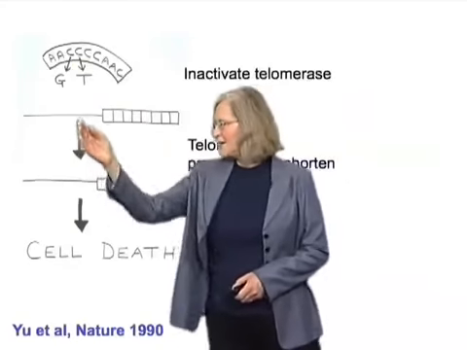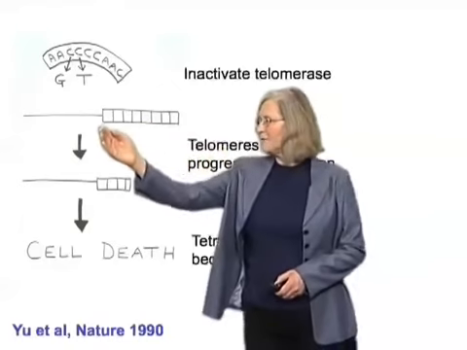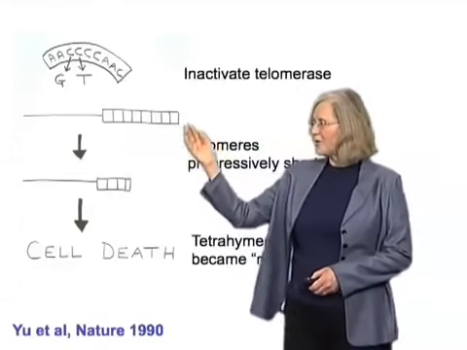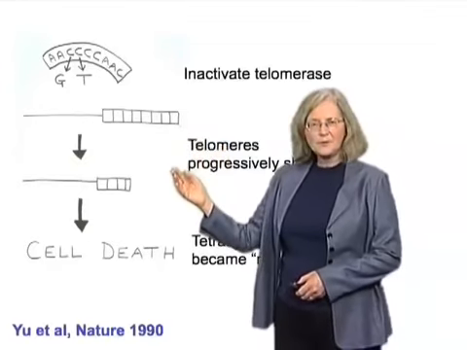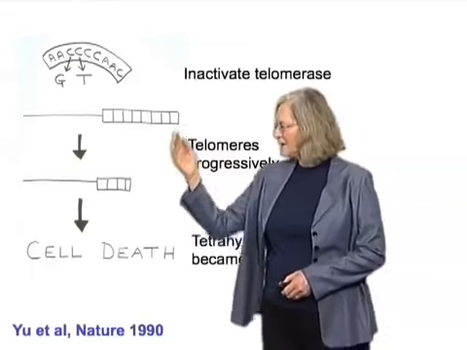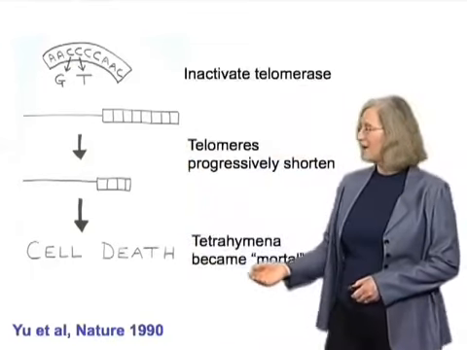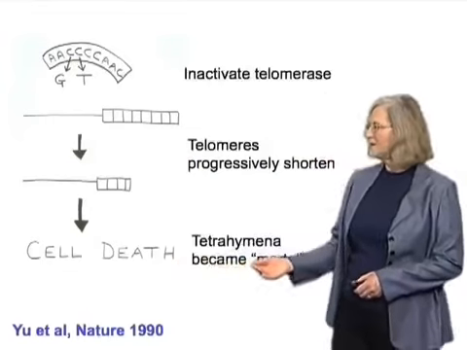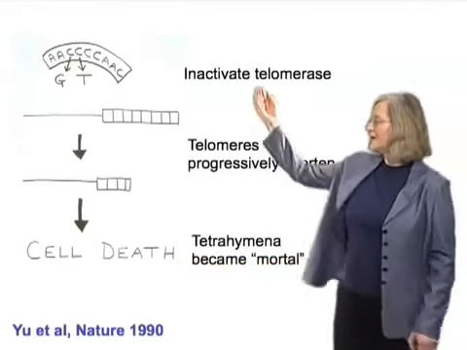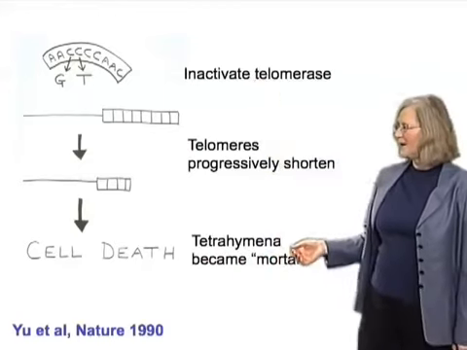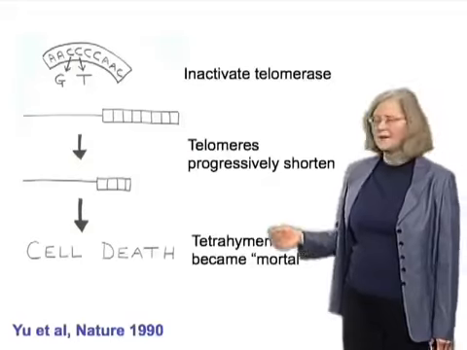The telomeric DNA repeat sequences, which, as I said, consist of multiple repeats at the ends of chromosomes, normally, as the cells went through cell divisions, the telomeres progressively got shorter and shorter. And after about 20 or 25 cell divisions, the cells ceased to divide. So in other words, when we inactivated telomerase, over the succeeding cell divisions, the telomeres progressively shortened.